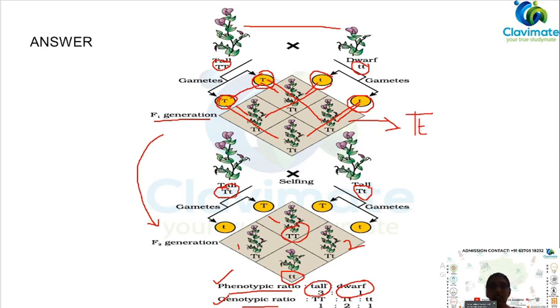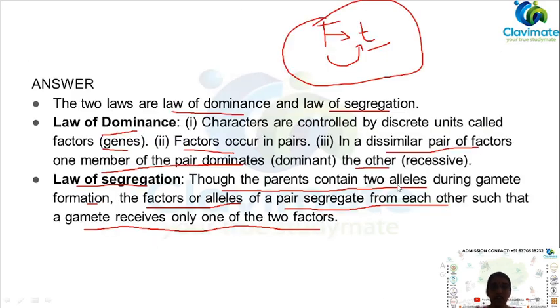Both capital T will not come into one gamete. Only one capital T would come in one gamete, and the other capital T will be segregated to another gamete. In the same way, small t will be segregated into two gametes. The same way here, capital T, small t are segregated into two gametes. So that is the law of segregation.